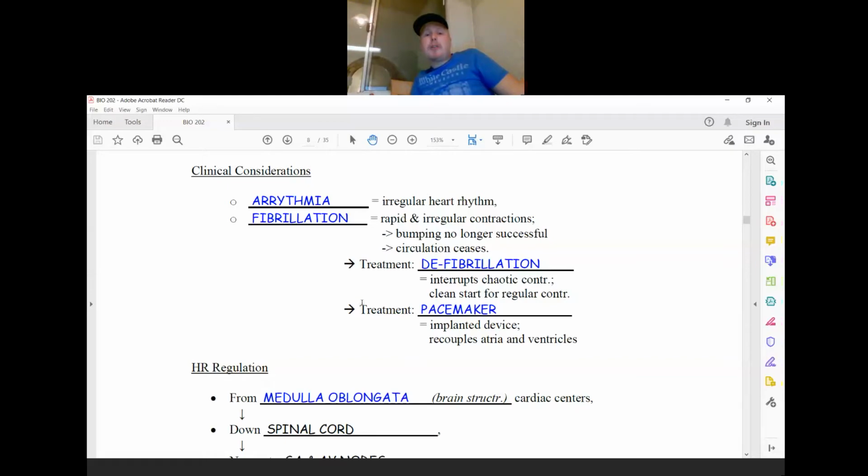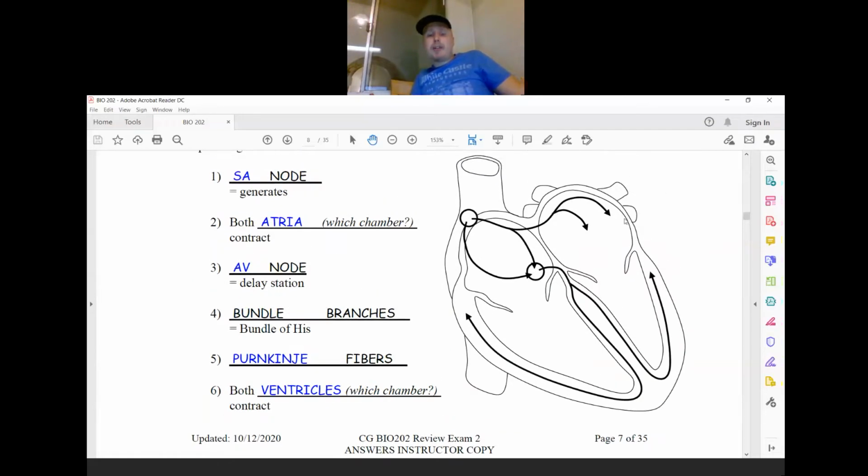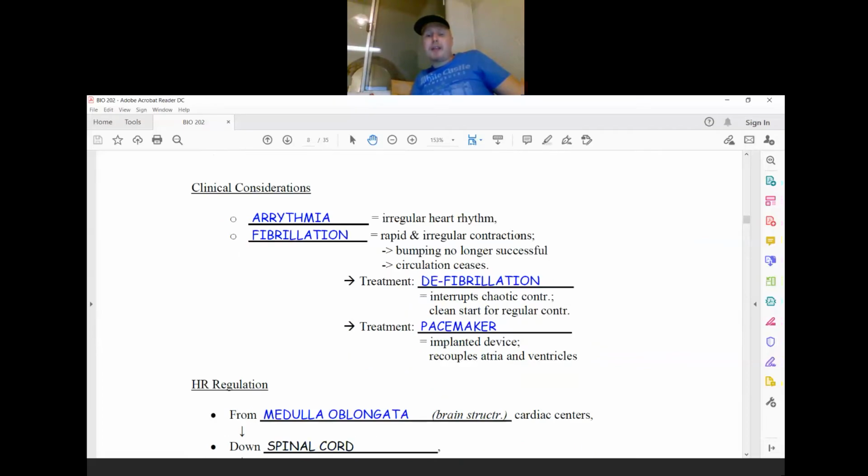What we can do, we can use our defib, so automated external defibrillation machine. And what a defib does, it delivers an electrical impulse to the heart. And what we hope to do is to stop this dysfunctional electrical currents through the heart with this electrical shock.